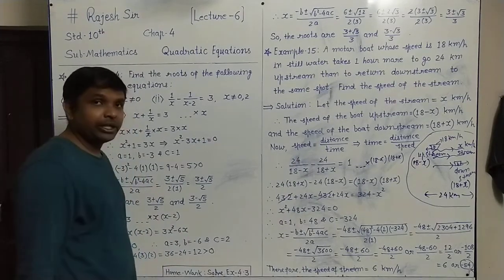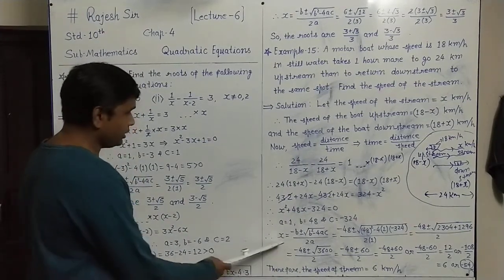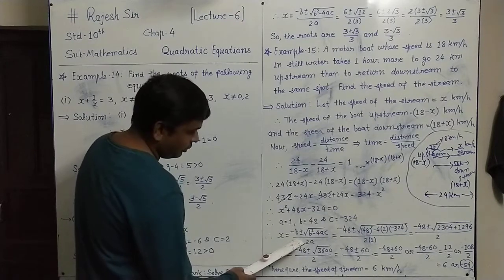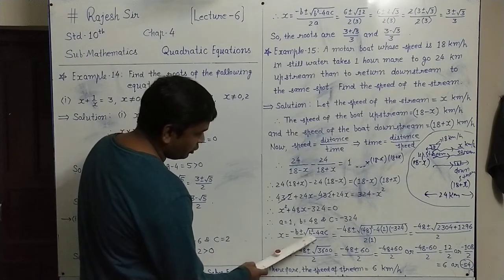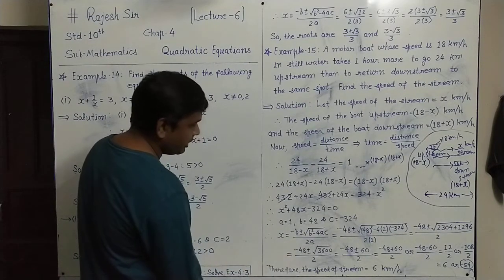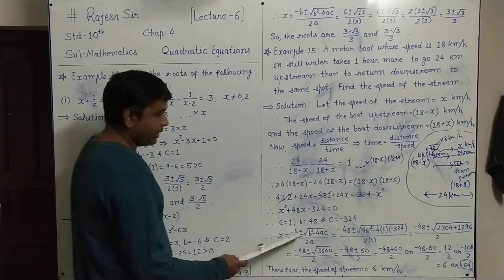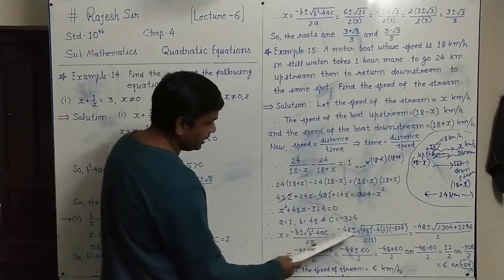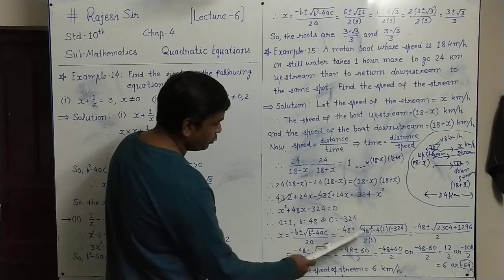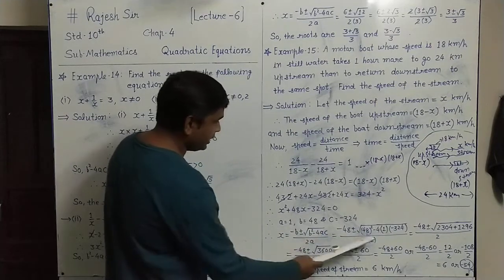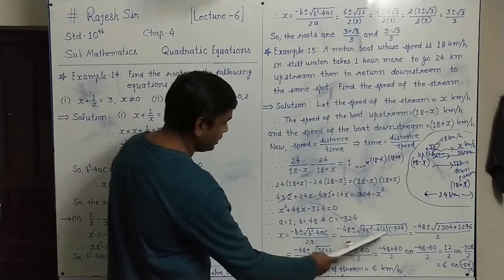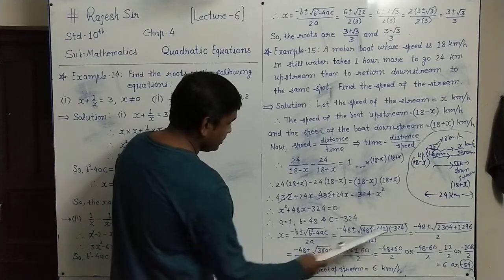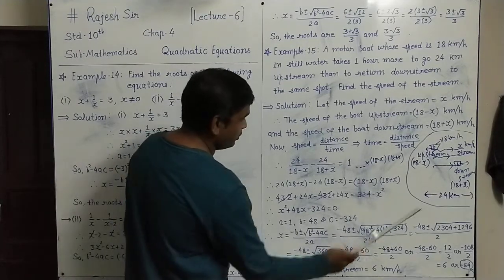Then by the quadratic formula, directly the x value is, the formula is minus b plus or minus root of b square minus 4ac upon 2a. Place all the values. Minus b is minus 48 plus or minus root of b square, 48 square, minus 4, a is 1, and c is minus 324.